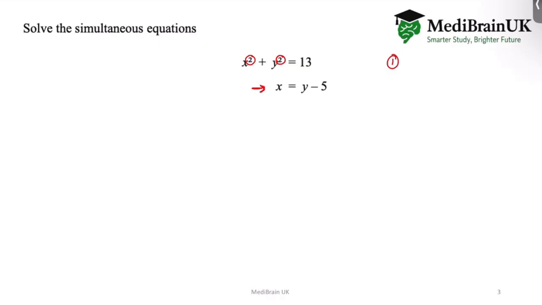Okay, you are going to make one of the letters the subject of the formula. Okay, so make one of the letters x or y the subject of the formula.